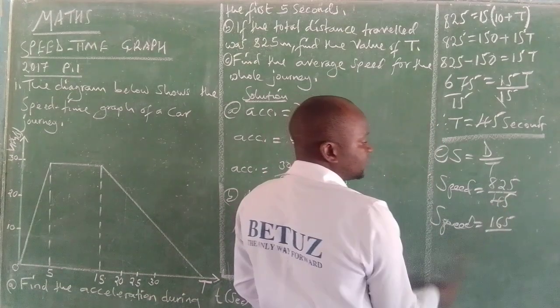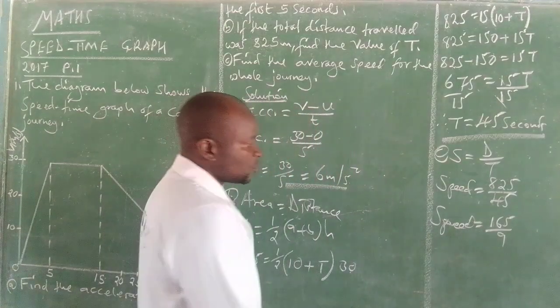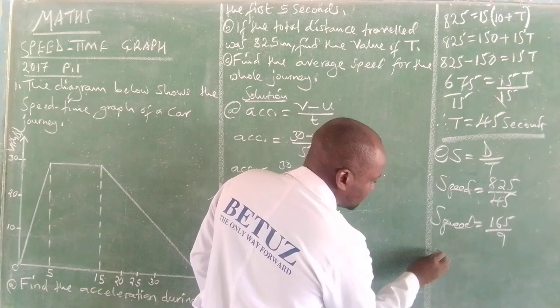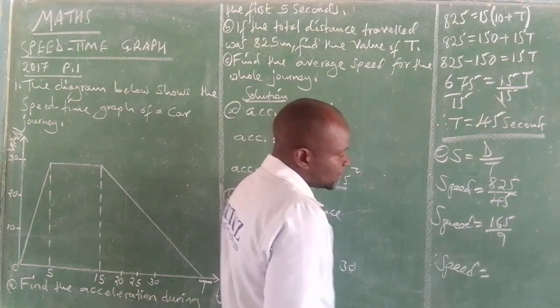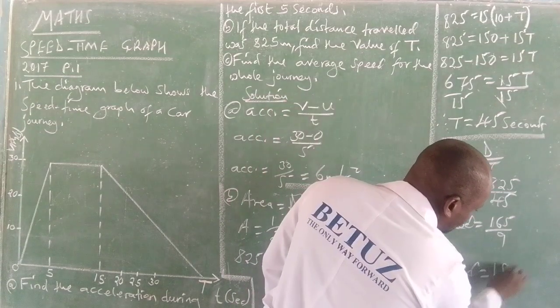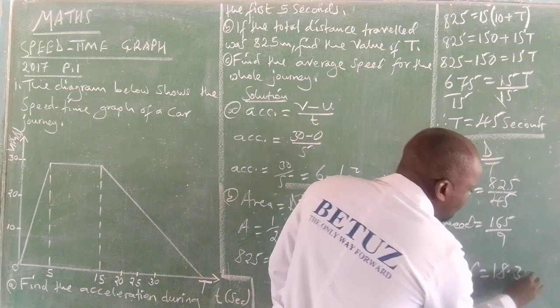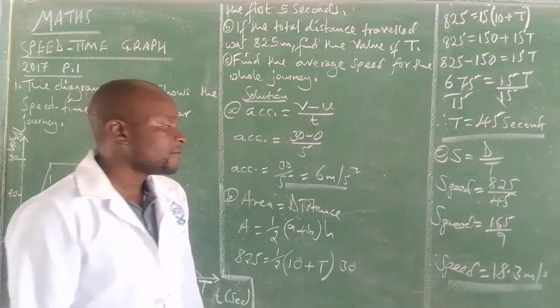Divided by 5 into 45, that is 9. Finally, we divide 9 into 165. So speed is equal to 18.3 meters per second. Those are the units for speed.